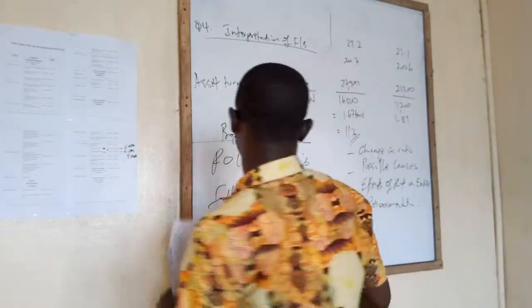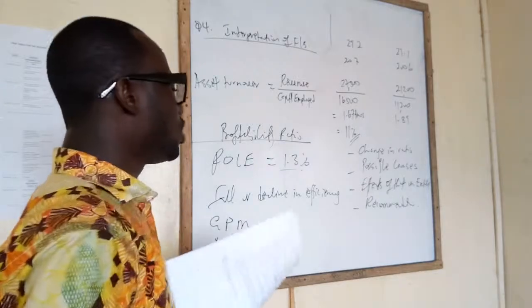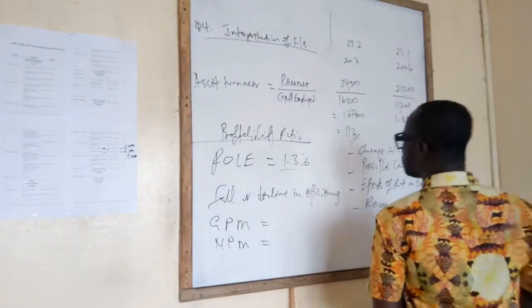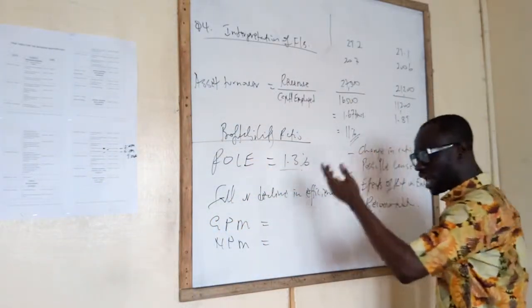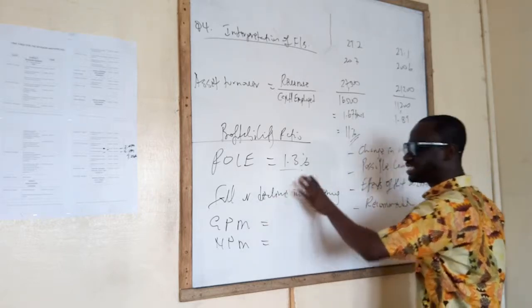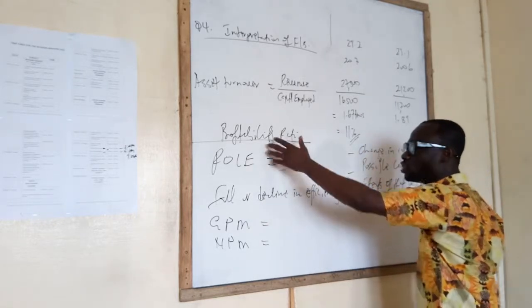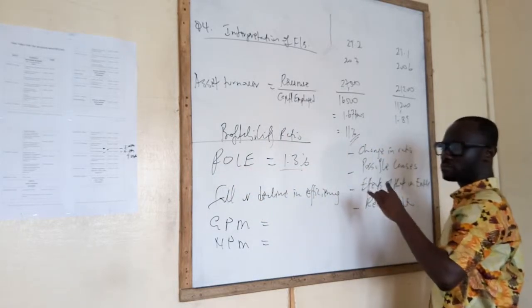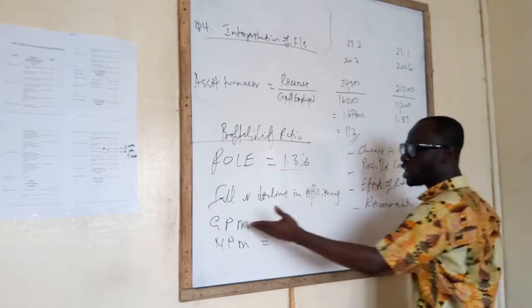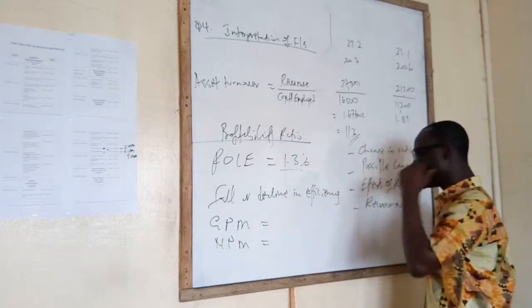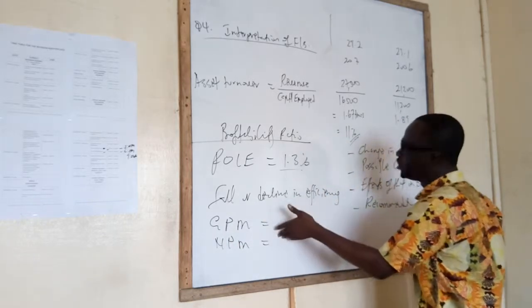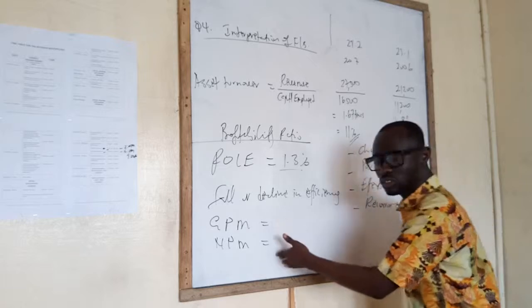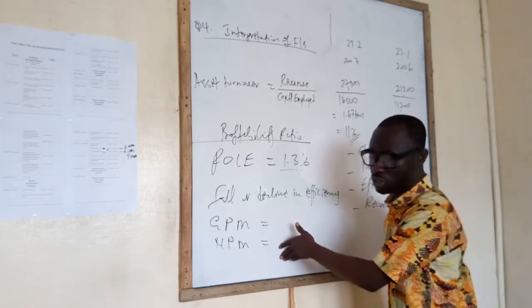So we can conclude on average that when it comes to profitability, yes, the company's efficiency is declining, taking into consideration the asset turnover and the ROCE. However, considering the gross profit margin and the net profit margin, there is no substantial change from last year to the current year under consideration.